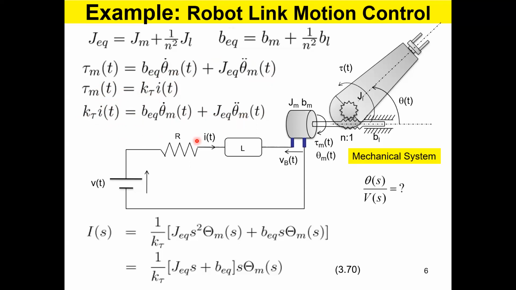Okay. Now when you put it into Laplace, this becomes Is. K tau goes to the right-hand side, 1 over K tau. J equivalent theta double dot M becomes S square theta M of s once you neglect the initial conditions, plus B equivalent theta dot M becomes S theta M of s.